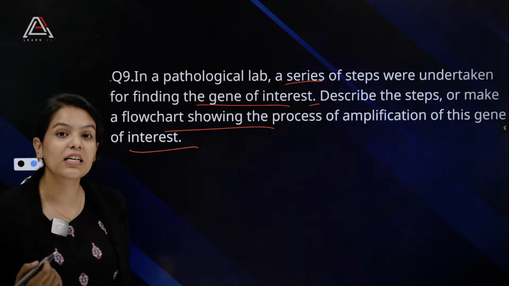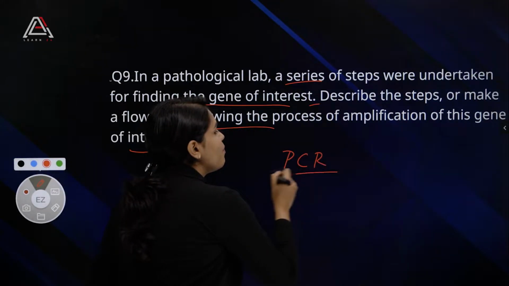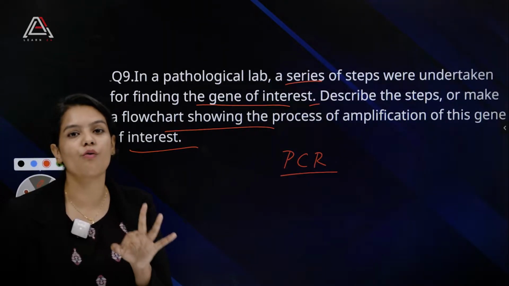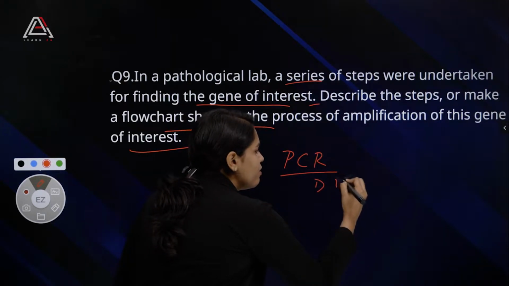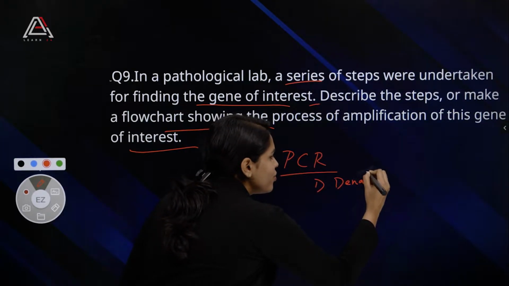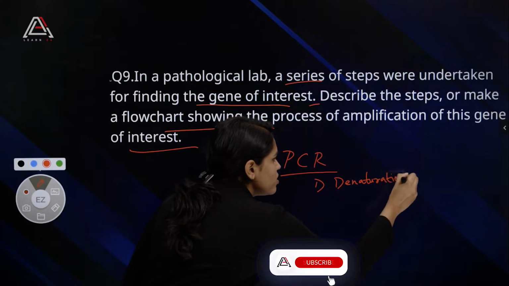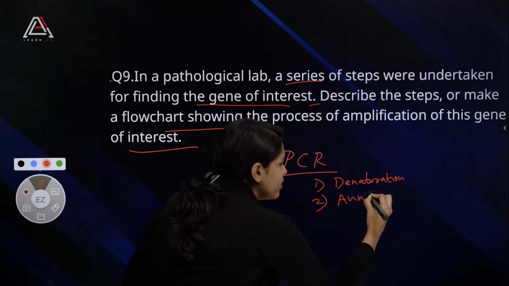So using the PCR technique, that is the polymerase chain reaction, the 3 steps of polymerase chain reaction. What were the 3 steps? First, it undergoes denaturation. You have to explain denaturation.